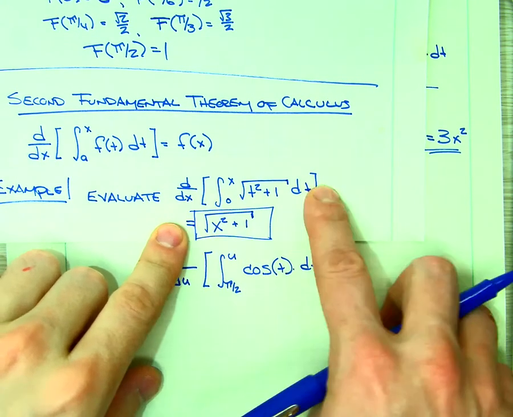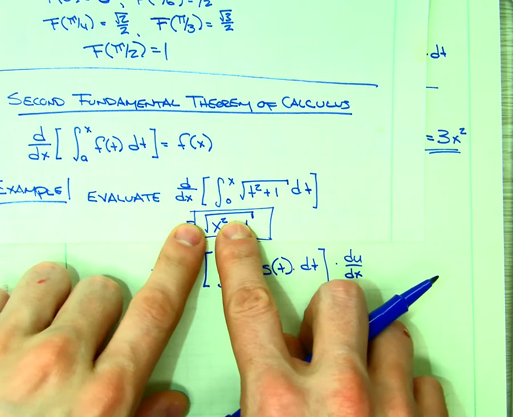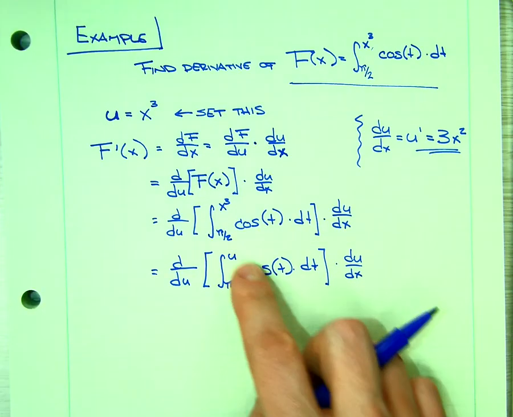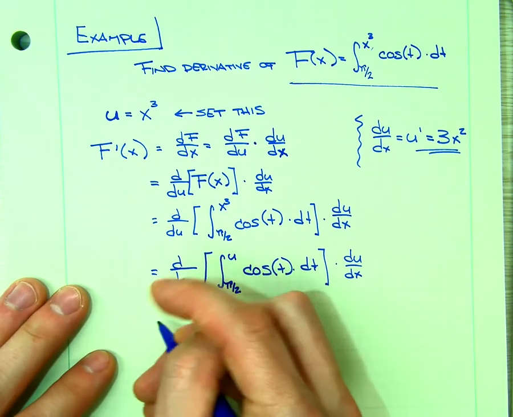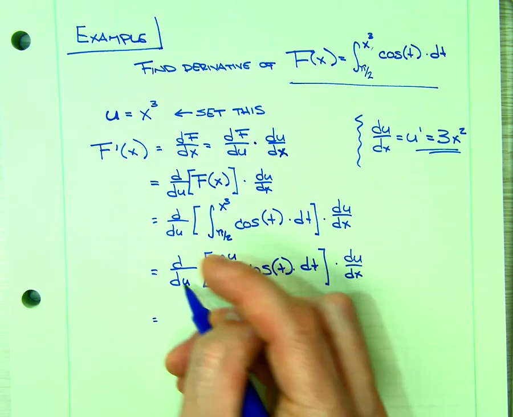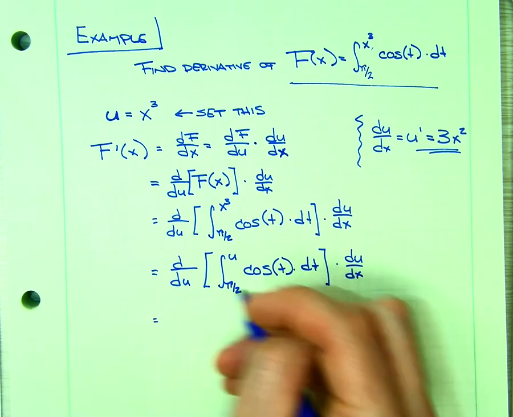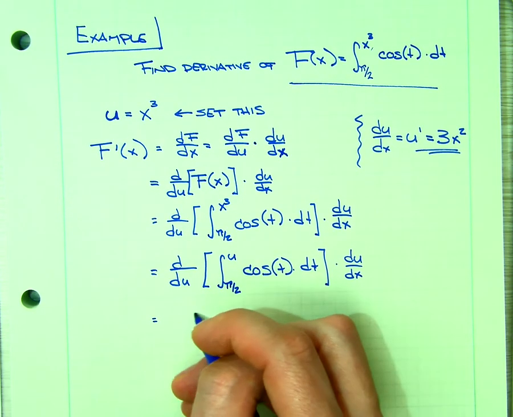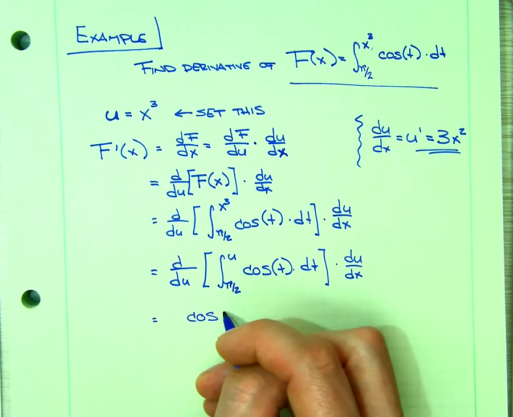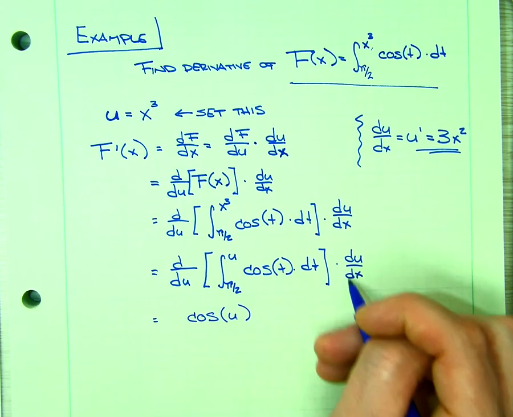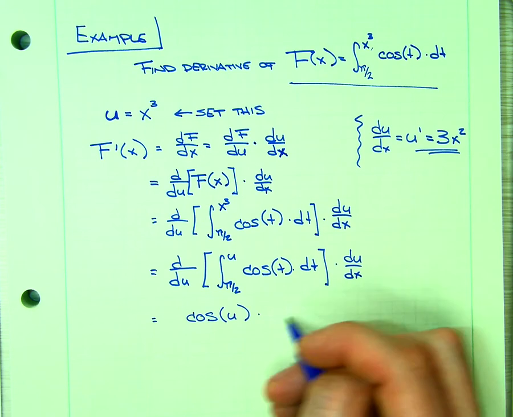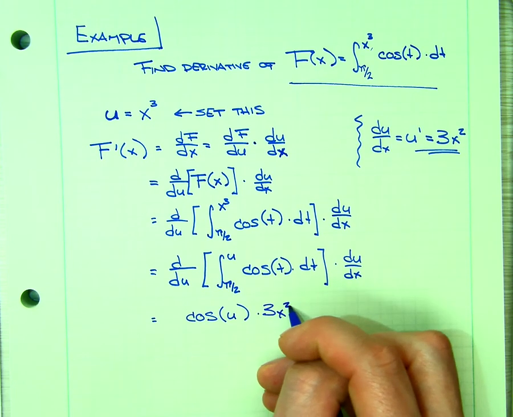So instead of rewriting this entire function, getting rid of the t's and plugging in x's, here I can get rid of the t's and plug in this u. So basically, I can just drop everything out. This whole thing right here just drops out to just the cosine of u. And then, of course, this du dx, as I mentioned before, just becomes 3x squared.